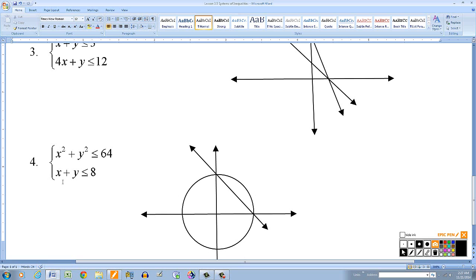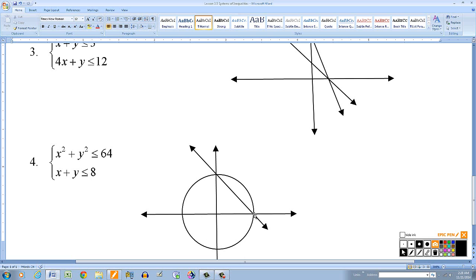So it's a line, the boundary is a line, x plus y equal to 8. So if I find, again, the intercepts, let x be 0, then y would be 8. So I come over here, 0, and then 8 up, so that's going to be right there, intersecting the line. Then if y is 0, x will equal 8. So I come over here to the right, 8 units. So it's going to look like that.